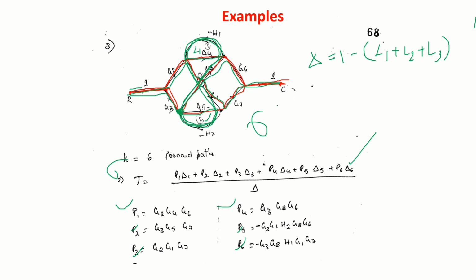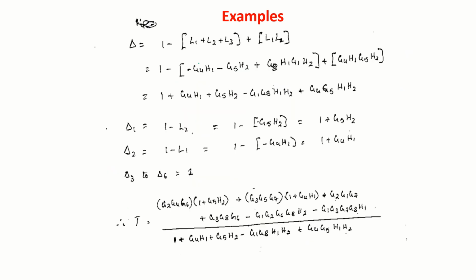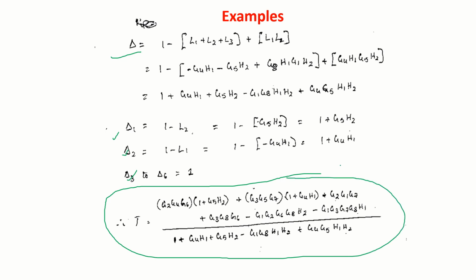I don't think you have any other loops. Plus loop 1 and 2 are not touching. Fine. 1 and these 2 are not touching. You will get delta. Then in the same way you find delta 1, delta 2, delta 3 to delta 4. Then substitute. You will get the answer.